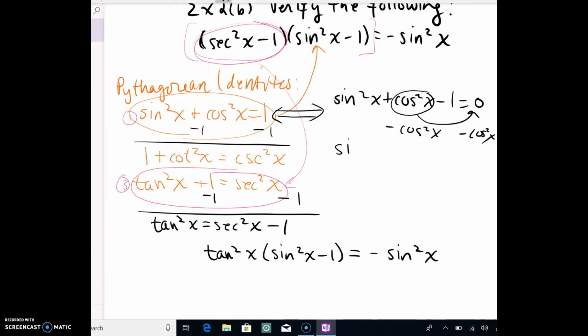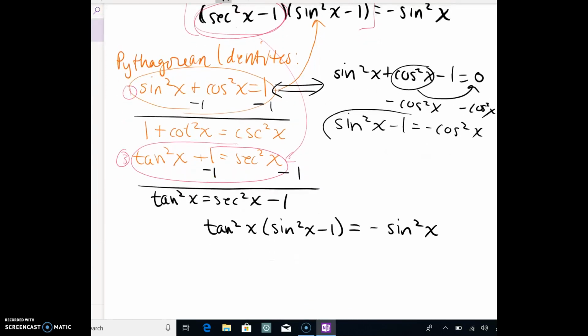And we know that sine squared x minus 1 is equal to negative cosine squared x. All right, so we're getting somewhere. So this sine squared x minus 1 is equivalent to saying negative cosine squared x. Those first 2 terms reduce down to tangent squared x, and sine squared x minus 1 reduces down to negative cosine squared x.